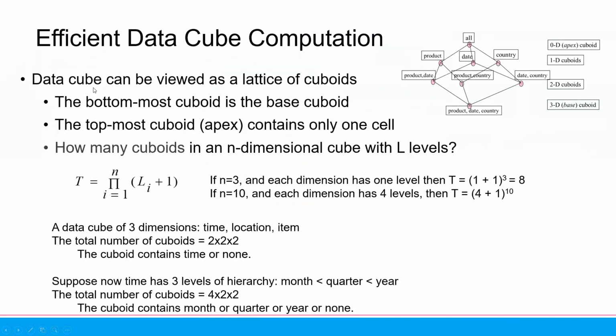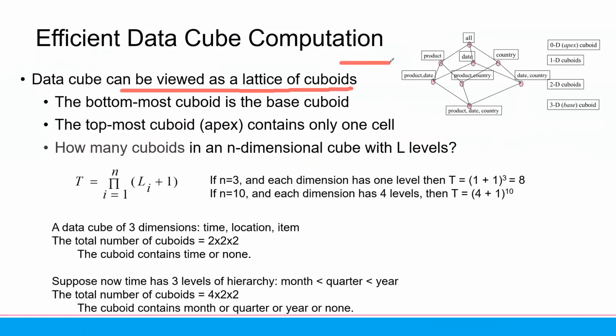When we are dealing with this kind of data warehouse, we need to measure about the data cube. So you need to know what is the efficient data cube computation. It means you cannot build a very big data cube. If you look at this one, data cube can be viewed as a lattice of cuboids.